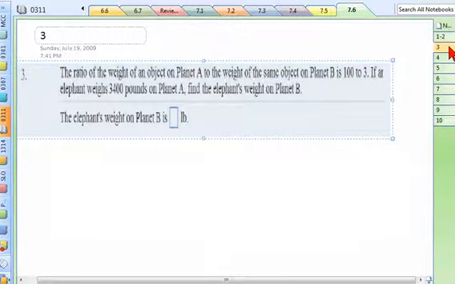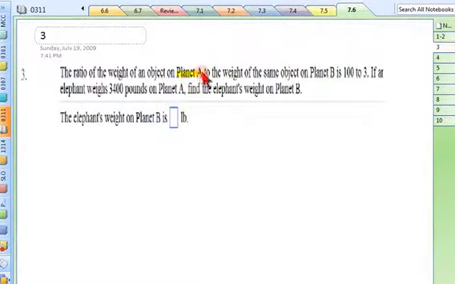It's a little bit distorted because to make it larger, I could only make it larger in a vertical sense, so we get tall, skinny letters, sort of. It says, the ratio of the weight of an object on planet A to the weight of an object, the same object, on planet B is 100 to 3.